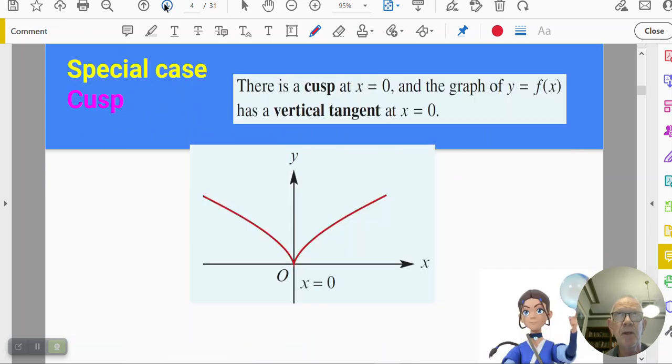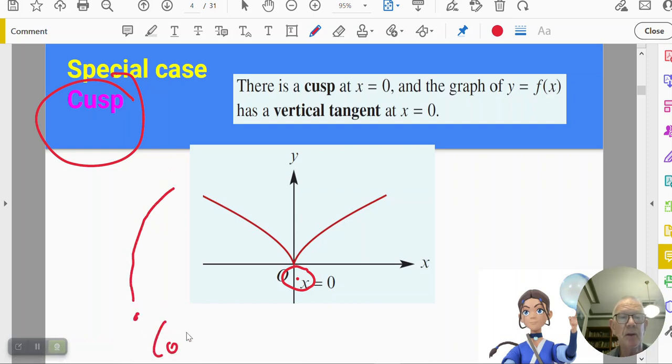There are two special cases that we need to consider. The cusp. The cusp is where the join of this hybrid function is. What's actually happening is I have this square root graph, and at the origin, at the point 0, 0, it has a vertical gradient.